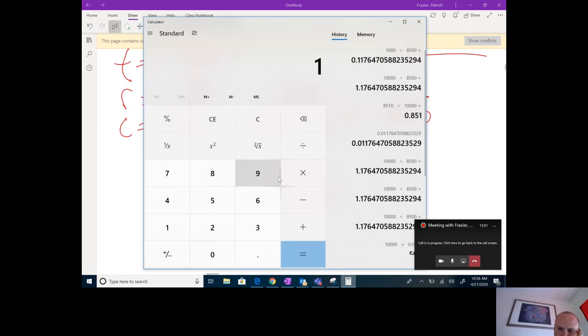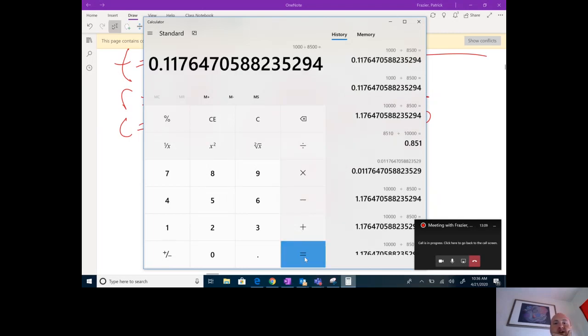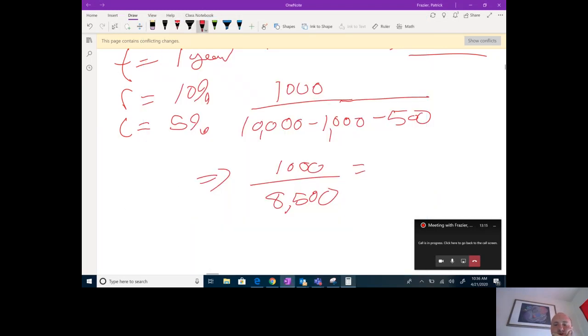And 1,000 divided by $8,500 is equal to 0.11764.